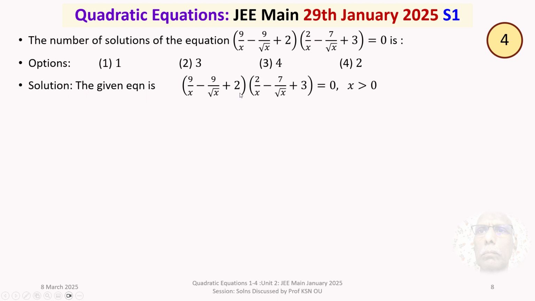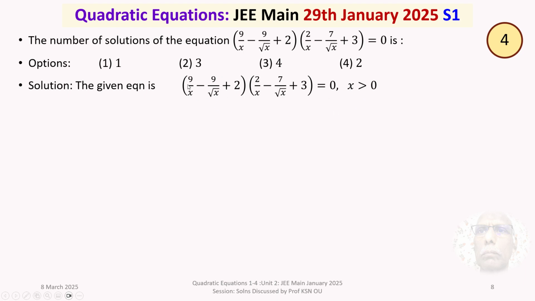So, the first factor multiplied by the second factor is equal to 0. Here we take x greater than 0. Why? Because root x is appearing here. Otherwise, if x is negative, x cannot be equal to 0.